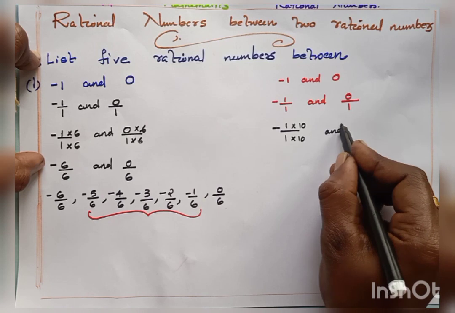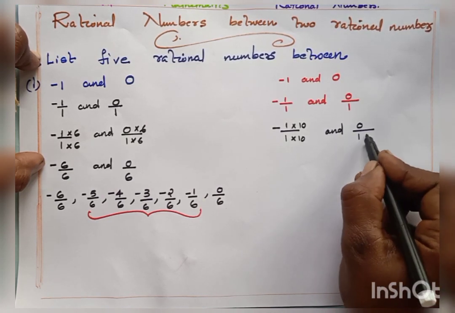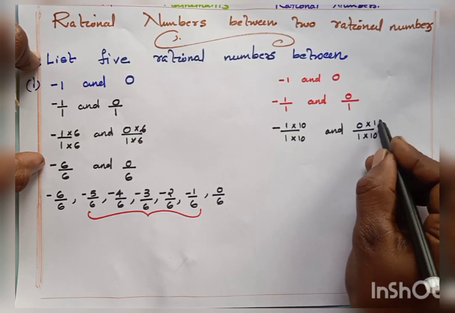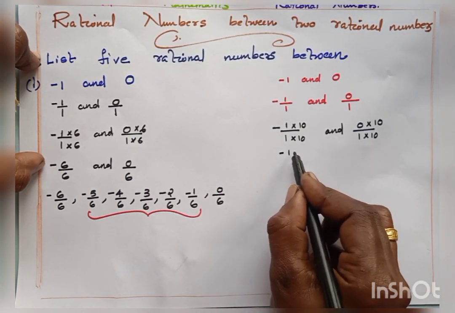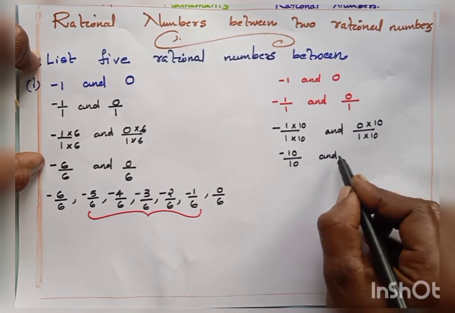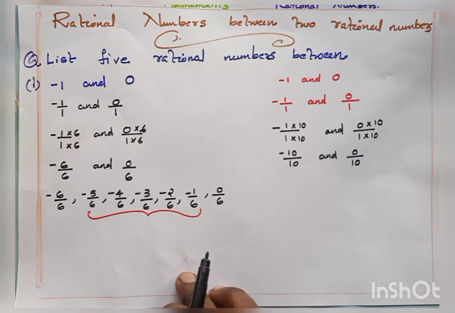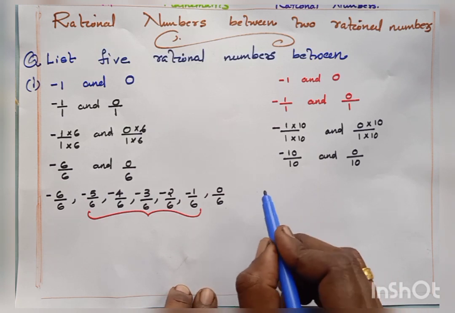We get minus 1 into 10 by 1 into 10, 0 by 1 into 10 into 10. So we get the equivalent rational numbers minus 10 by 10 and 0 by 10. We can find the rational numbers in between.